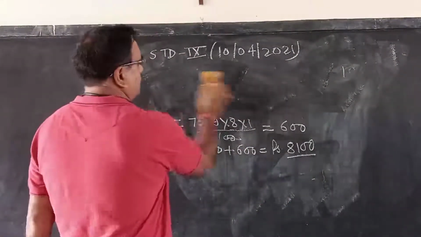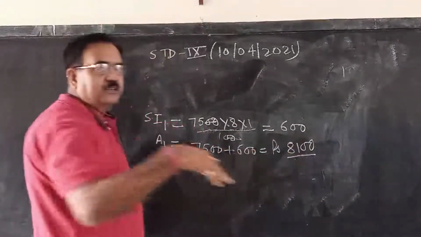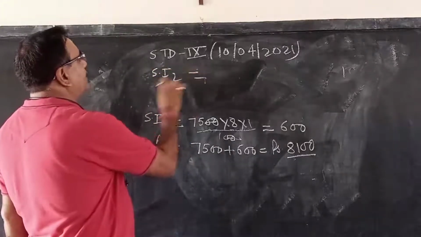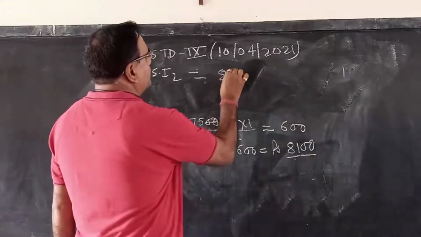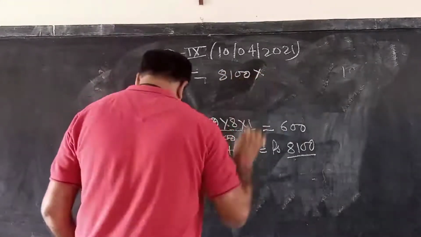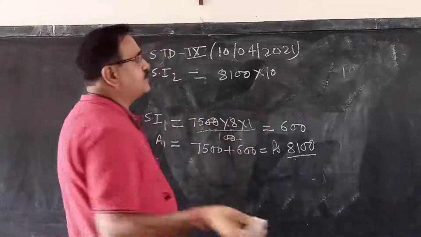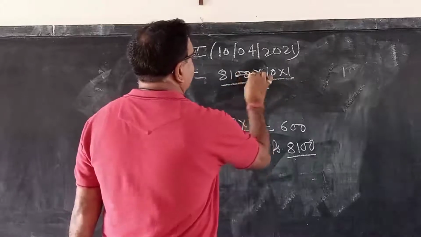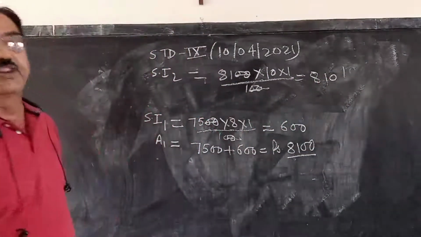Now, this amount becomes the principal for the second year. So SI2 means simple interest for the second year. This is the principal, 8100. Rate is given 10% for the second year. Times 1 divided by 100, cancel. 810 is the interest.